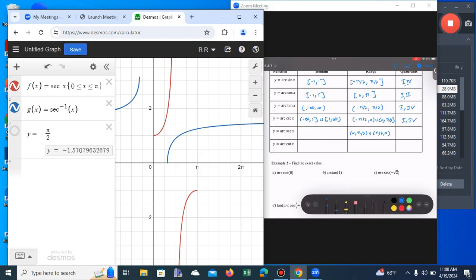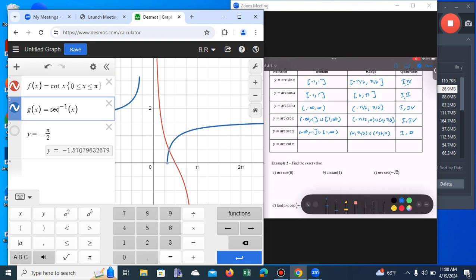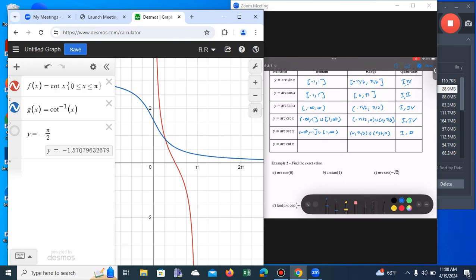And then for the arc secant, we're going from, again, negative infinity to negative 1, union with 1 to infinity. And this is first and second quadrant, just like cosine. And then cotangent is really just kind of tangent curved.